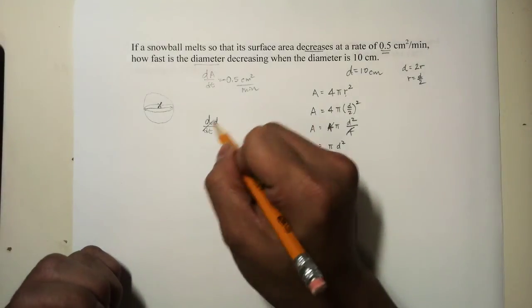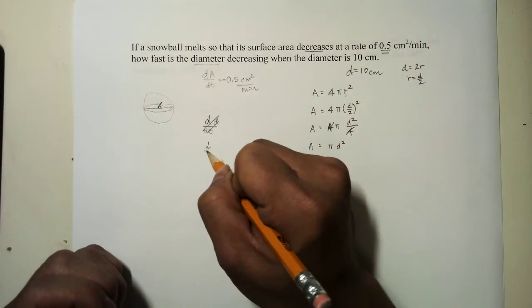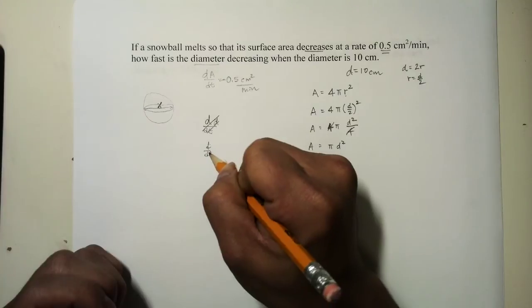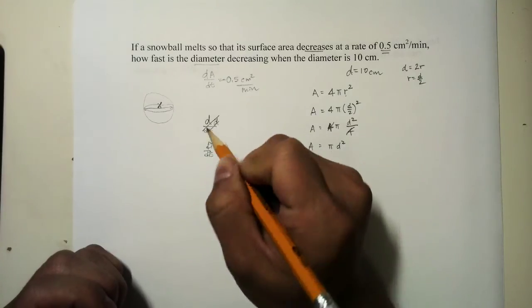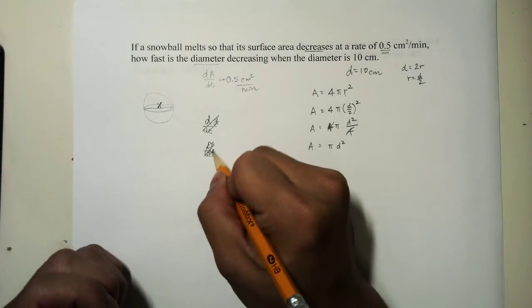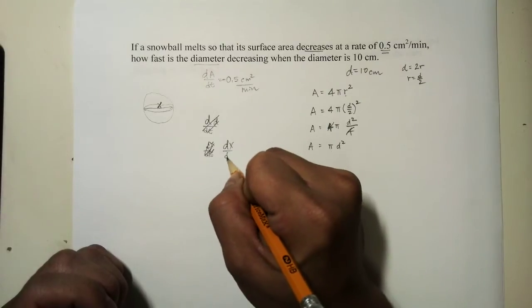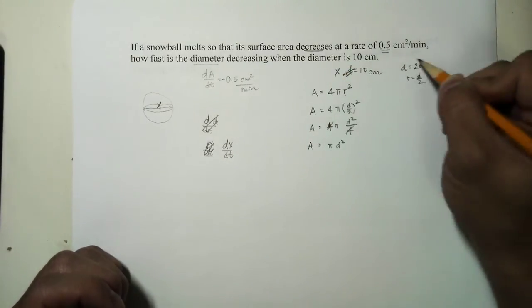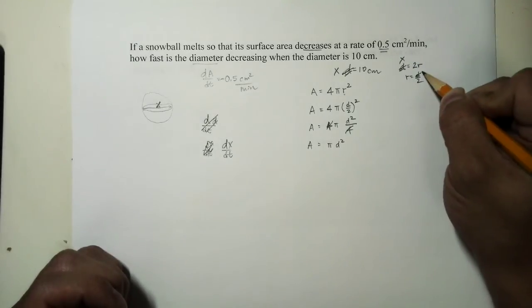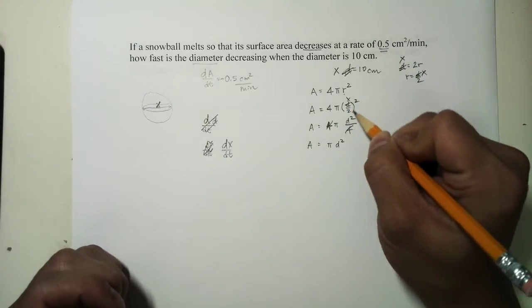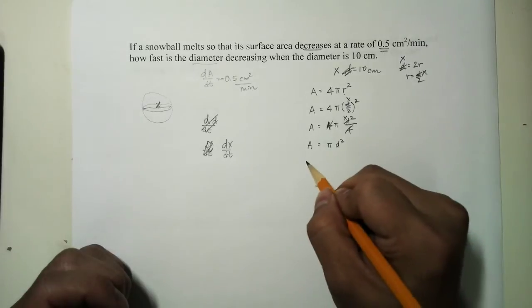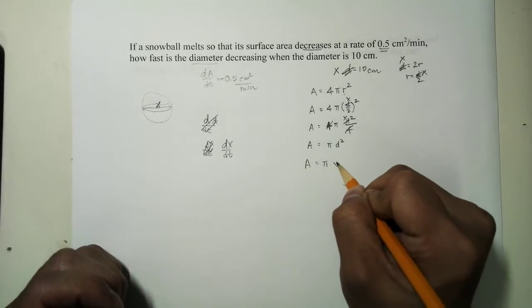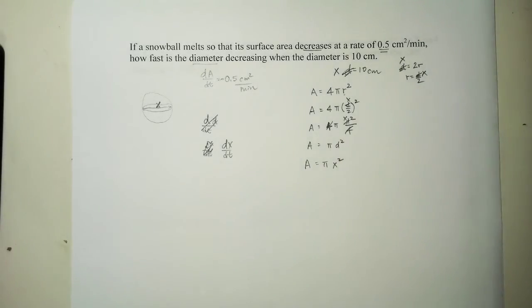Let's say dx/dt. And let's say we have x here, this is x, this is x. So let me go ahead and rewrite this equation: pi x squared. Less confusing.